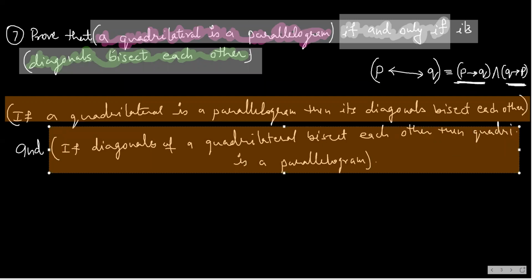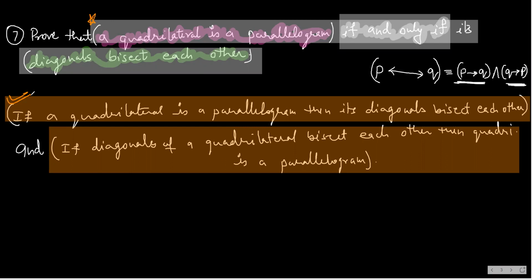So see, in this statement, what is given? We are given a quadrilateral is a parallelogram if and only if its diagonals bisect each other. So the first statement would be the data is we have a quadrilateral which is a parallelogram.